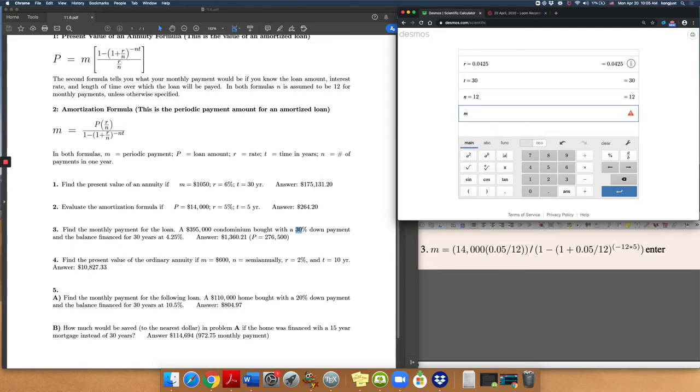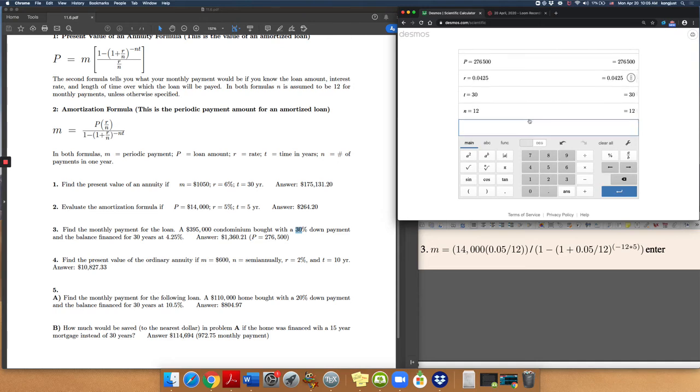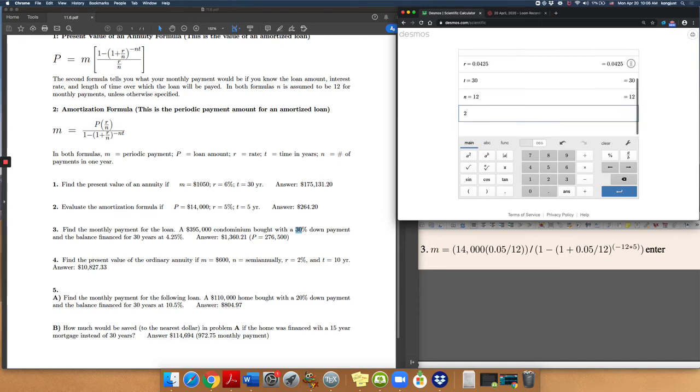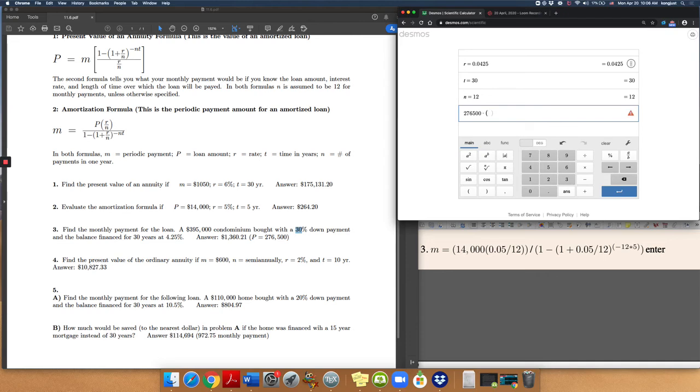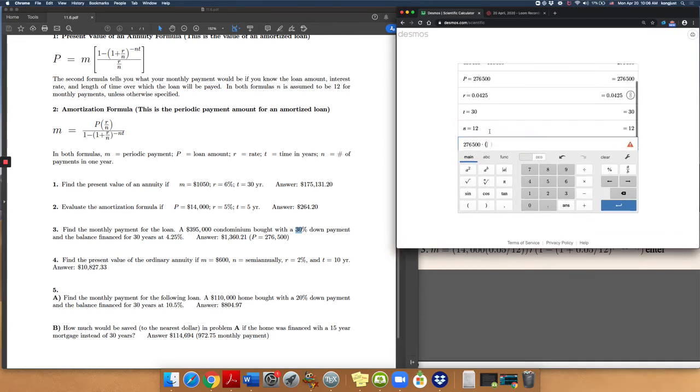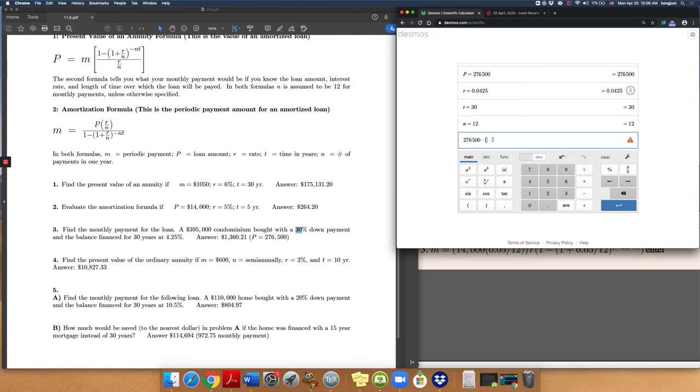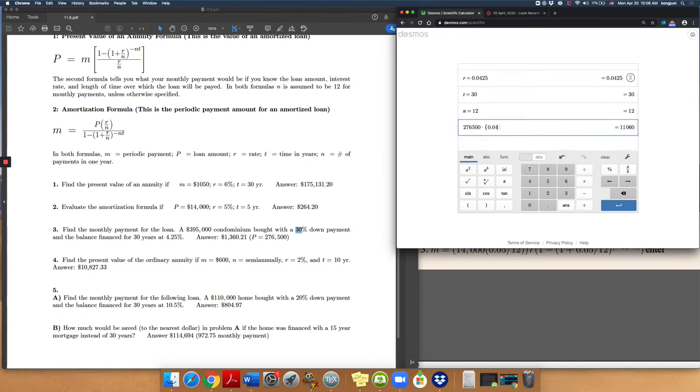So M is equal to P, which is, oh, I just zoomed out of the screen. 276,500 multiplied by the rate, which is 0.0425, divided by N, which is 12.